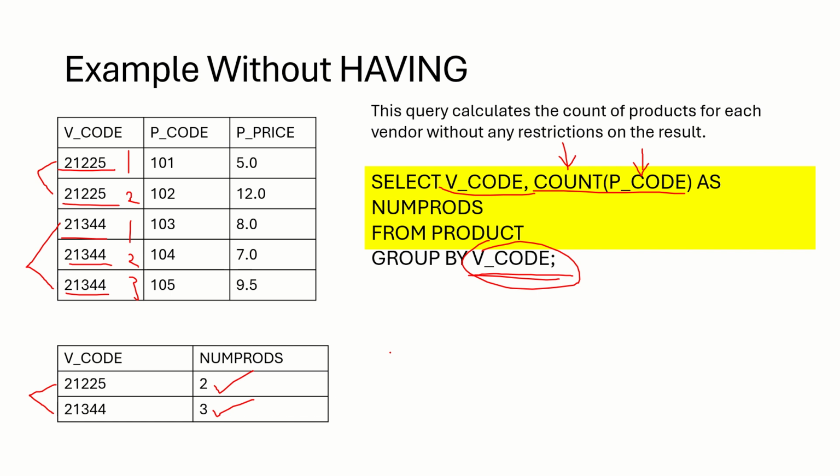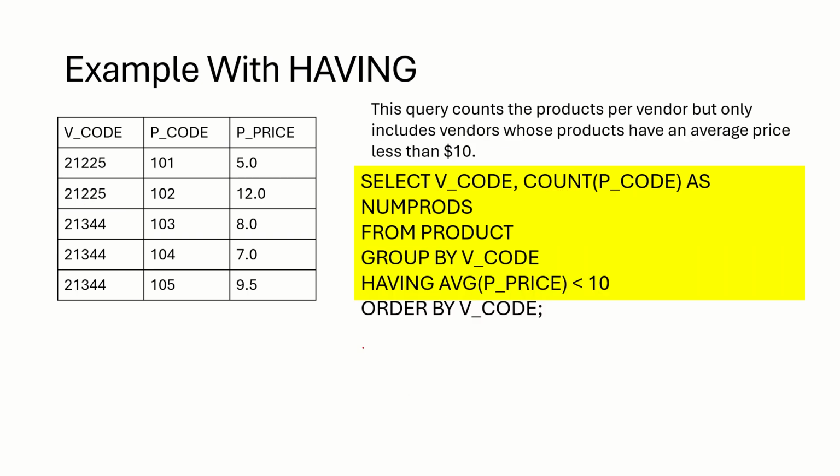However, if we're trying to get the product which has average price less than 10, we will have a different way to do this. In this example, we want to know each vendor whose products have an average price less than 10.